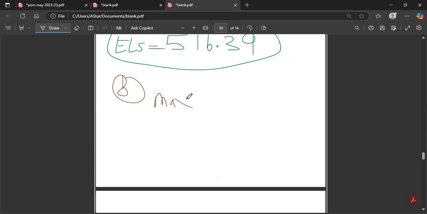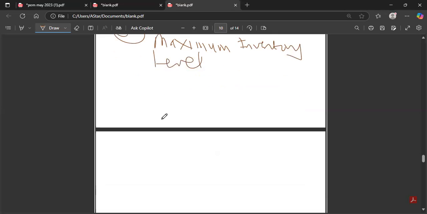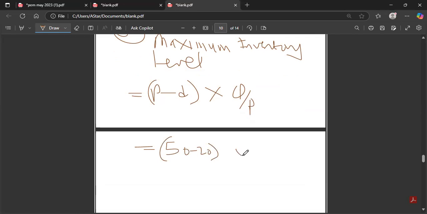Our maximum inventory level is equal to P minus D multiplied by Q over P. So 50 minus 20 multiplied by 516.39, that's Q, the economic load size.